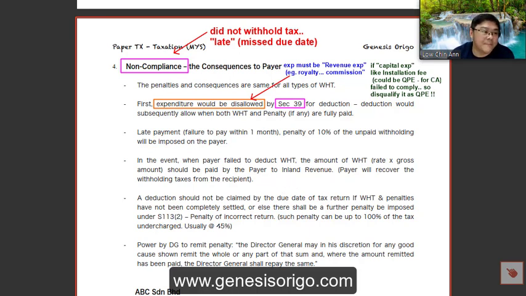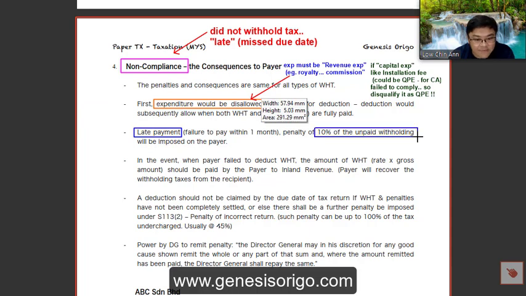Now, what is the late payment penalty? Late payment penalty is actually 10% of the unpaid penalty. Unpaid penalty, what am I talking about? Unpaid withholding tax. Sorry, my mind is not very good today.